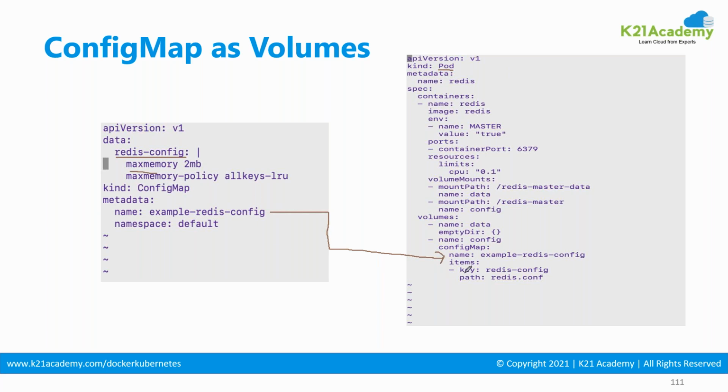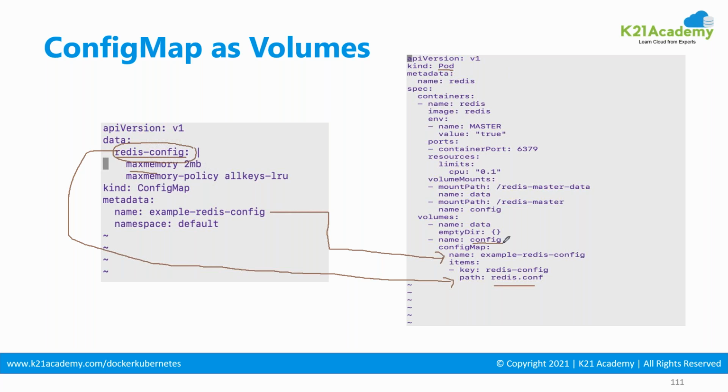One is a key. What is the key? This Redis key has two values called max memory and max memory policy. So this is being called here as a key value. And what is the path name it has given? It has used redis.conf. Now this particular config map has been used as, what is the name of it?